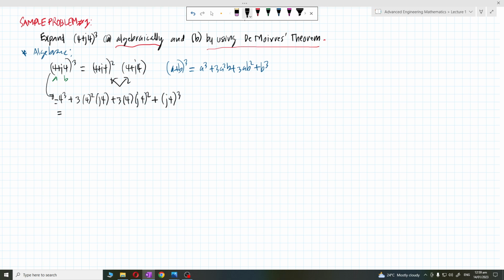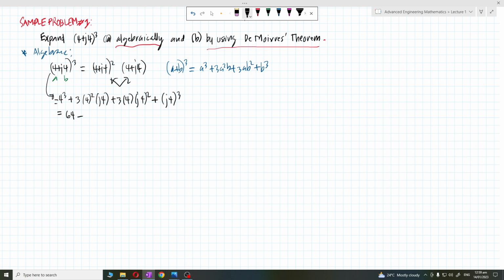So 4 cubed is 64. 3 times 4 squared, 3 times 16 is 48. 48 times 4 is 192. That is the same as 4 squared is 16, times 4 is 64, times 3 is 192.